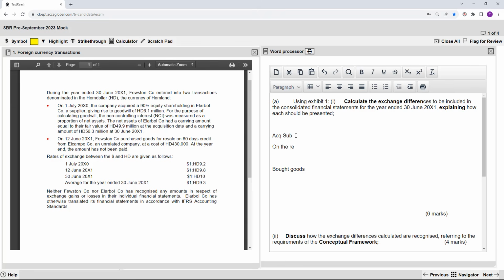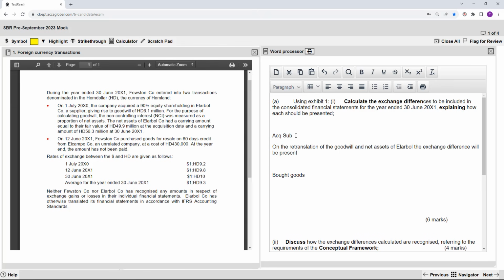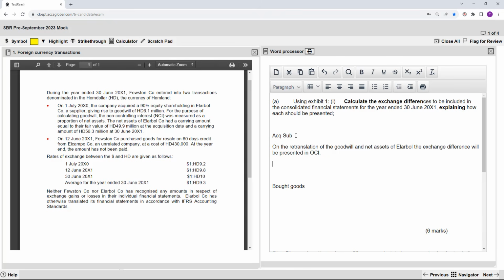So I can say here: on the retranslation of the goodwill and net assets of Arabol, the exchange difference, good or bad, will be presented in other comprehensive income. And I think OCI is a reasonable abbreviation. It is a well-known one. So let's calculate that number.